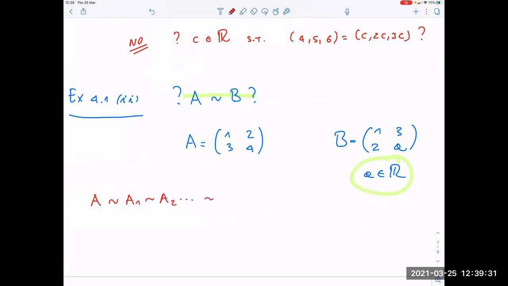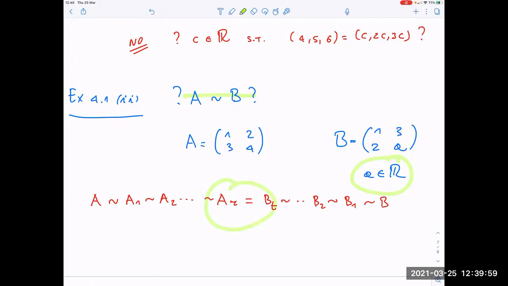I keep doing this till I get a matrix AR, and then maybe I can do the same, changing B into matrix B1, then into matrix B2, keep doing it, then you get a matrix BT, and if these two are equal, then I can say that by the transitivity property, A and B are row equivalent. If I can never do this, then they are not row equivalent.